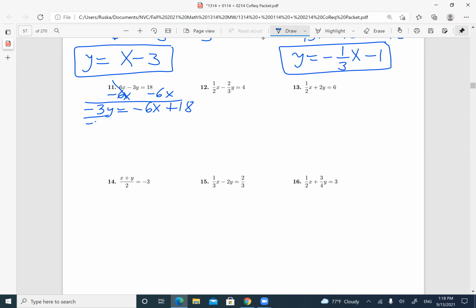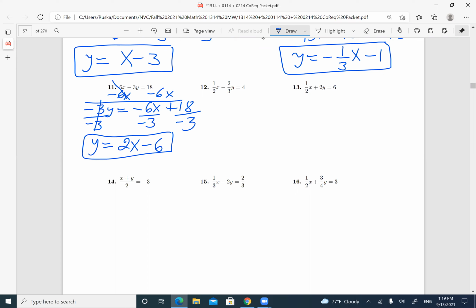And then I'm going to divide by -3, so everything by -3. And this cancels, so we get y equals negative divided by negative, it's positive. 6 divided by 3 is 2x. Positive and negative, it's a -6. 3 times 6 is 18. Okay?